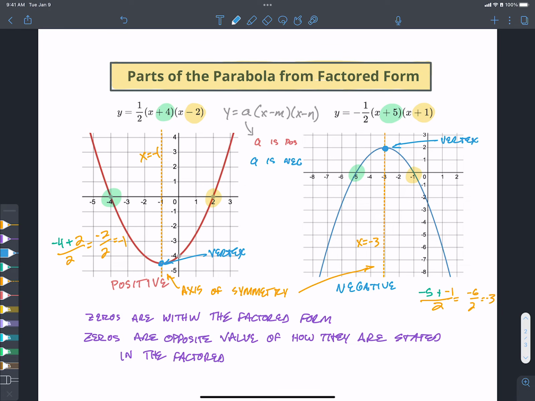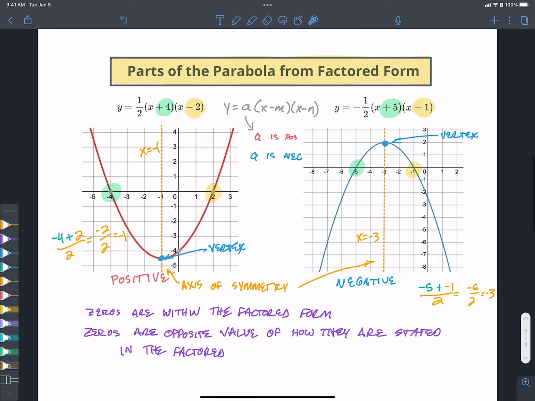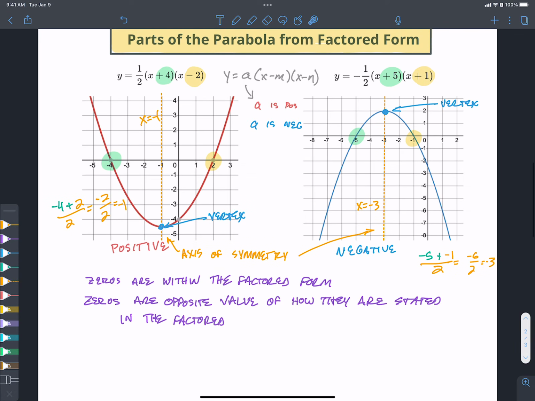If I wanted to find that, I take my axis of symmetry and drop it in for the x's in the equation, and that would calculate the y value of my vertex. Similarly, over here, if I took this -3 and dropped it into this equation, I would get the y value for right here. Let's do the red one and double check that.